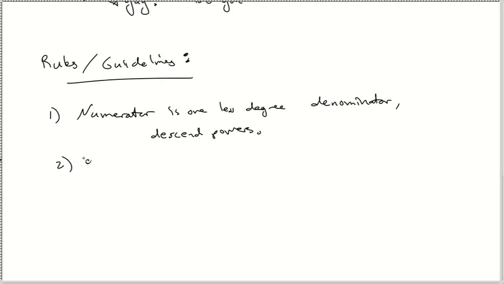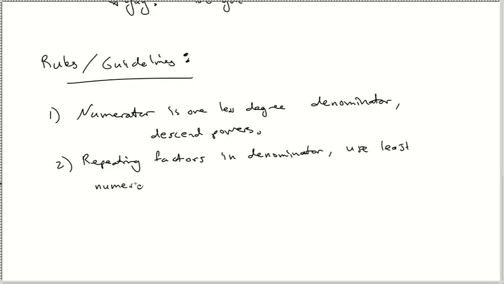I don't know yet. Number two, repeating factors in your denominator. If you have repeating factors in your denominator, you're going to use the least complicated numerator possible, and descend powers.